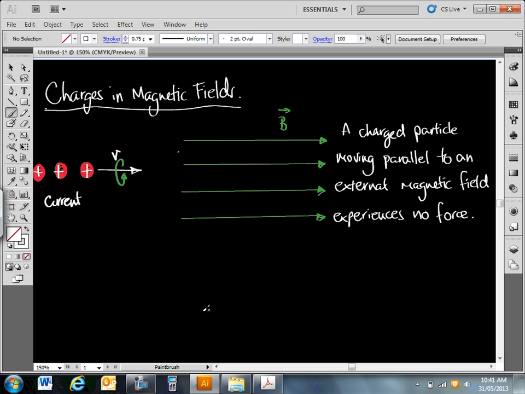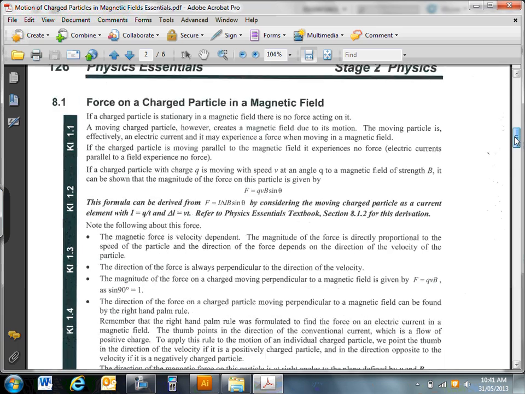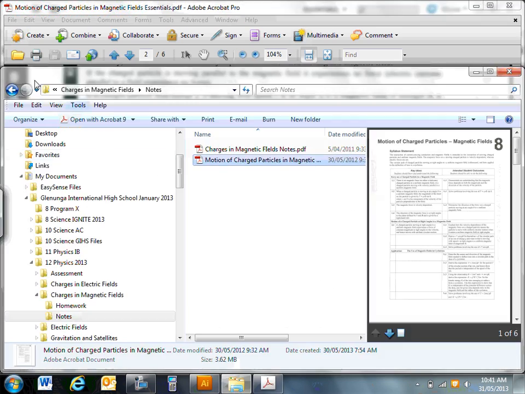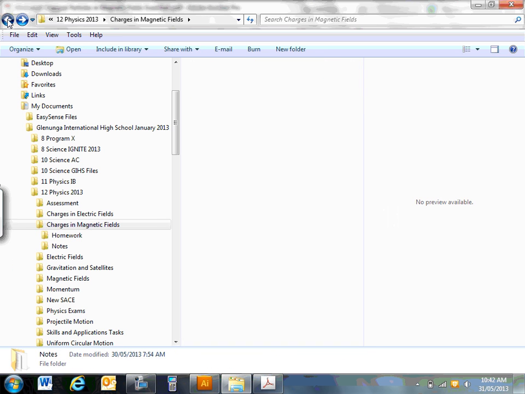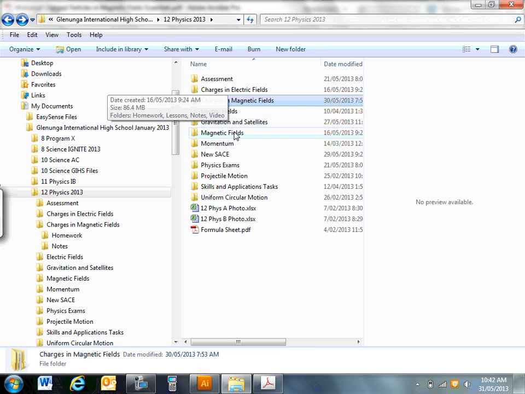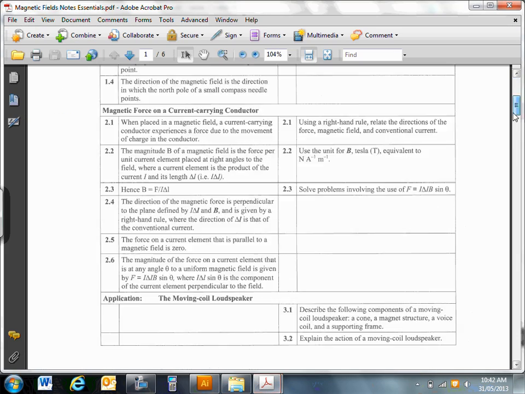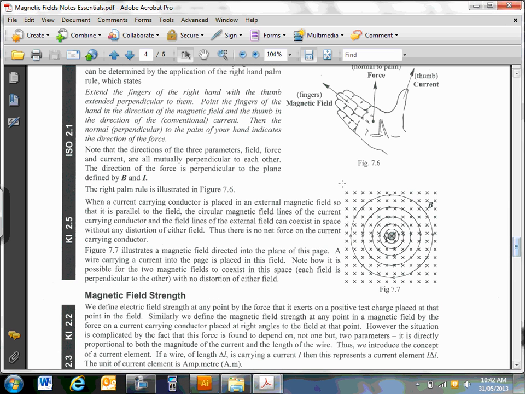And I'll show you a picture in our textbook. Actually, it's not in this part of the textbook, I don't think. Magnetic fields. Have a look at this diagram. Essentially what we've got here, it's the same thing.